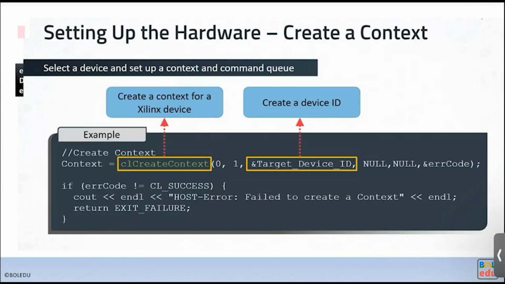Then we will create a context. Remember, context includes the device, the program, the kernel, and memory objects. First step, you create a context using this OpenCL call with the target device ID.